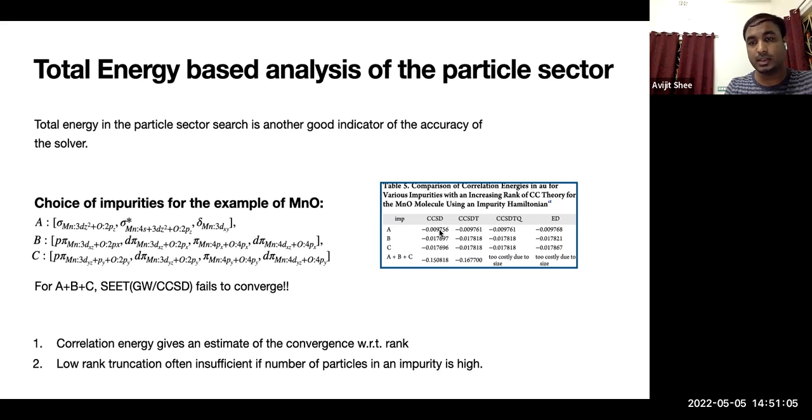If the total energy convergence is as good as here, then we do not need to go to a higher rank of the coupled cluster hierarchy. So this total energy based analysis of this particle sector is quite important. Before going into a full-blown calculation, we often do this analysis, prior to running the full self-energy embedding loop.